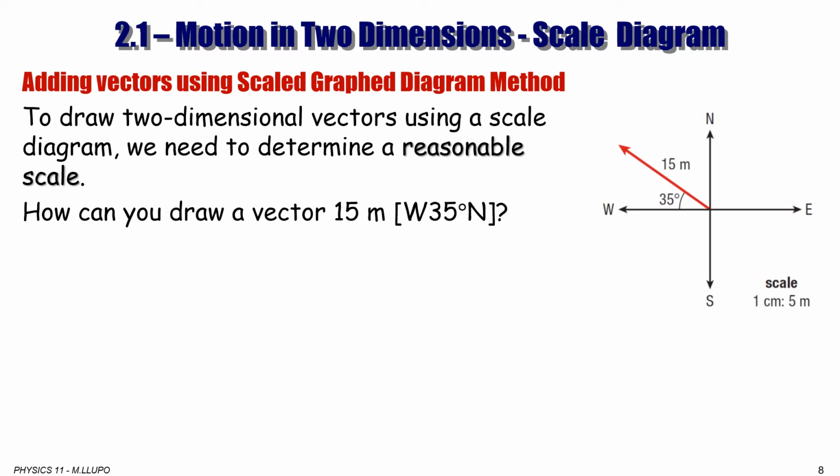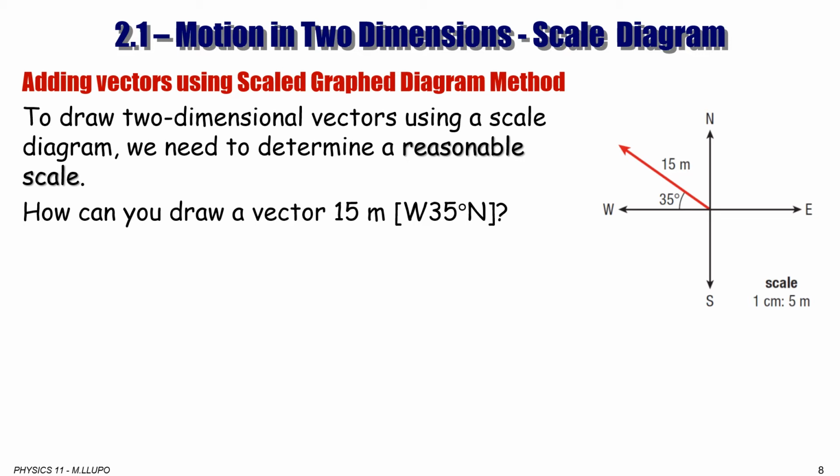So when you draw it, you have to draw it 3 centimeters, because that length represents the magnitude of that vector: 3 centimeters multiplied by 5 is going to be 15 meters. However, you can change the scale as you like.